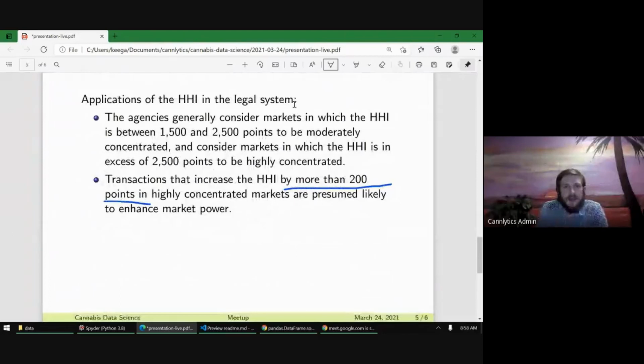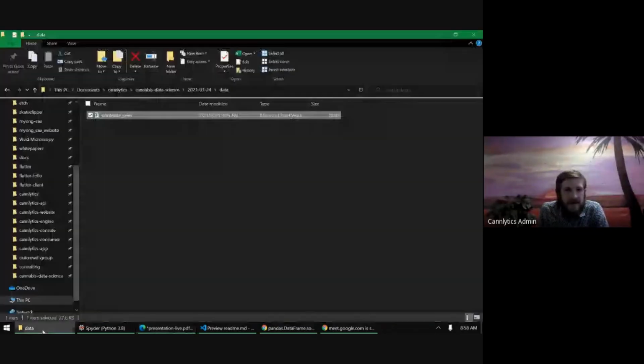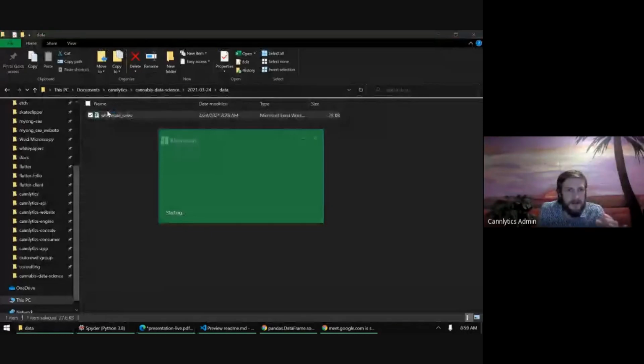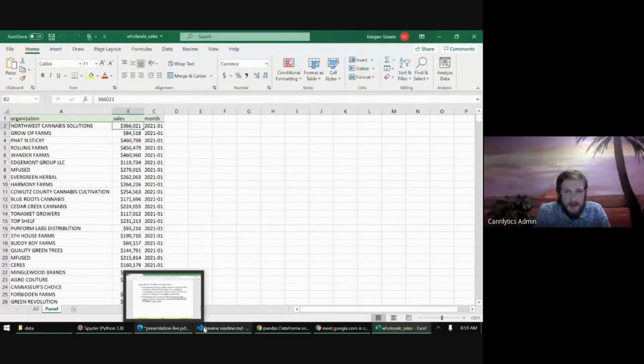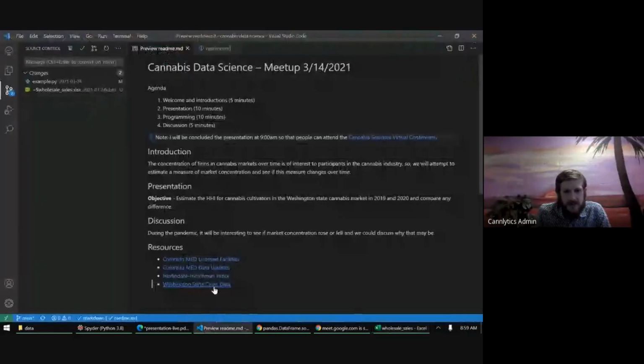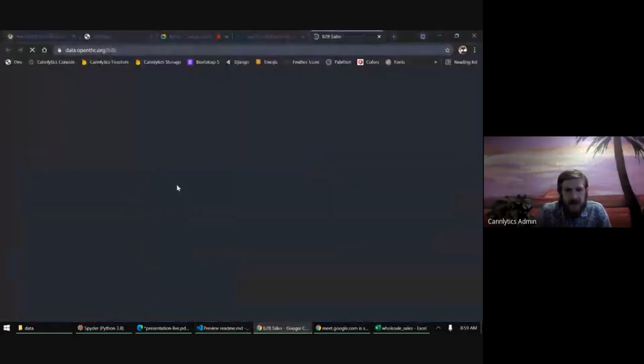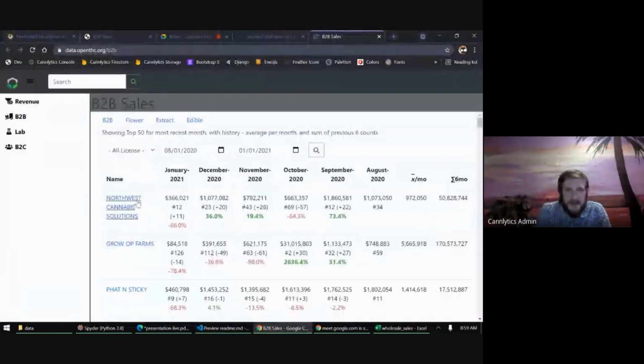And we've noticed that it can be used in the legal system to determine if policy decisions increase or decrease market concentration. We have then compiled wholesale sales from open Washington State data. And if you need the data source, we've compiled it here from OpenTHC, who gets their data from the open records requests.